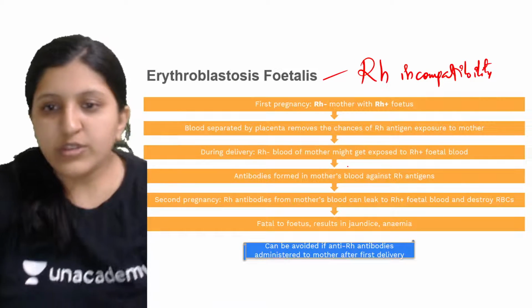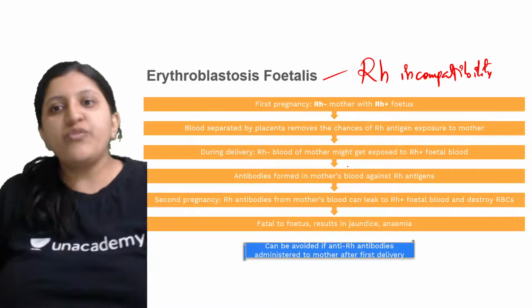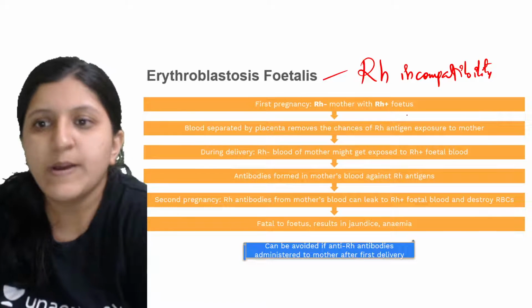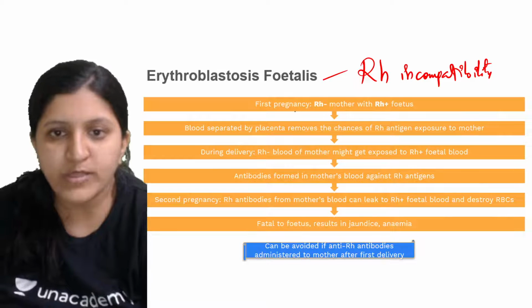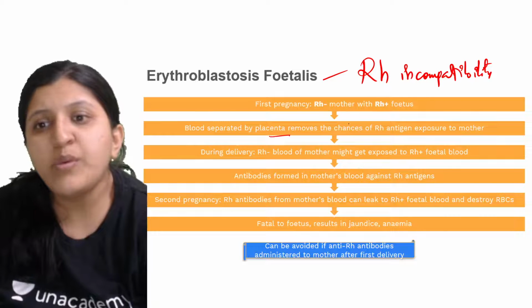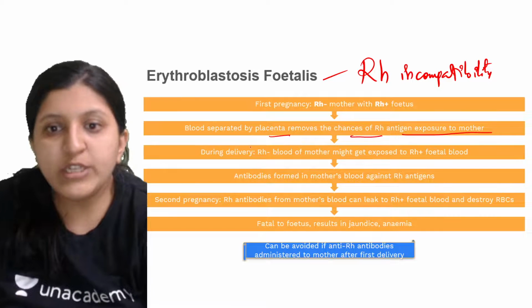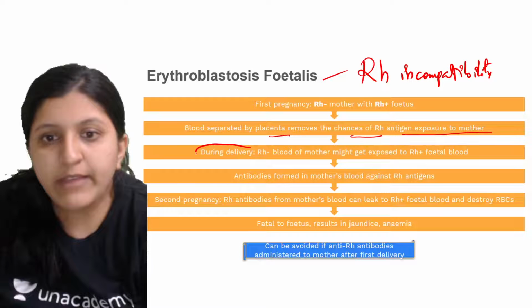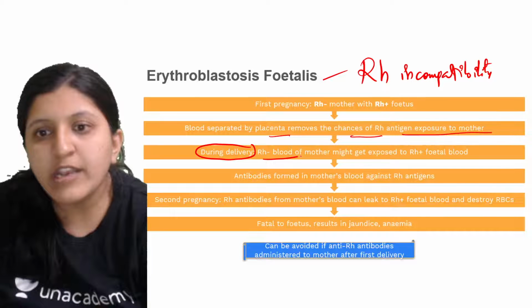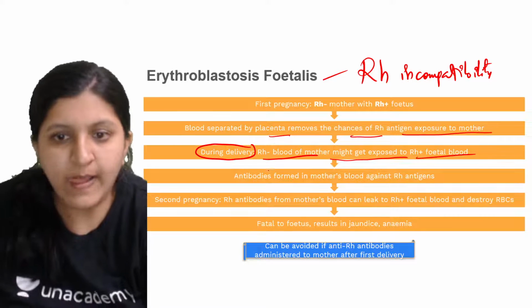Okay, so this is with respect to erythroblastosis fetalis. In the first pregnancy, the mother is RH negative and the fetus is positive. Blood is separated by the placenta, which removes the chances of RH antigen exposure to the mother. But during the delivery, the RH negative blood of the mother will get exposed to the RH positive fetal blood.